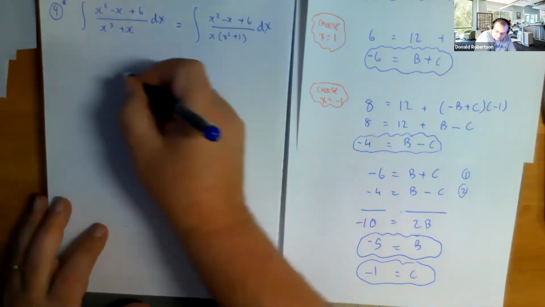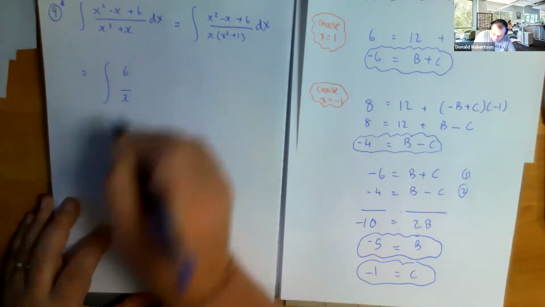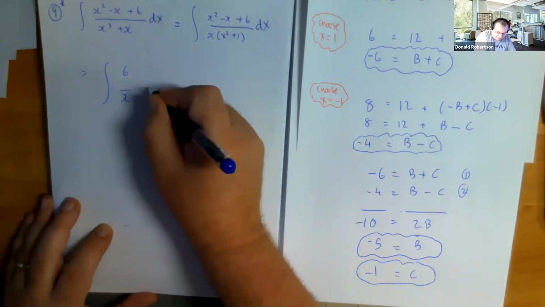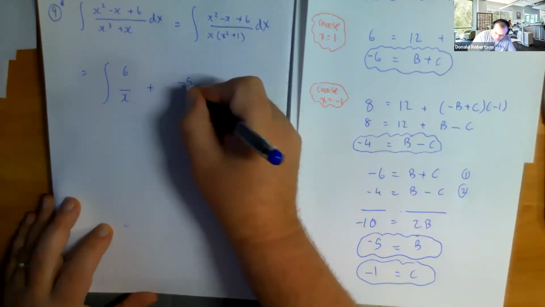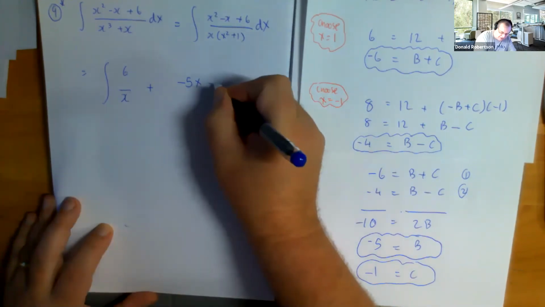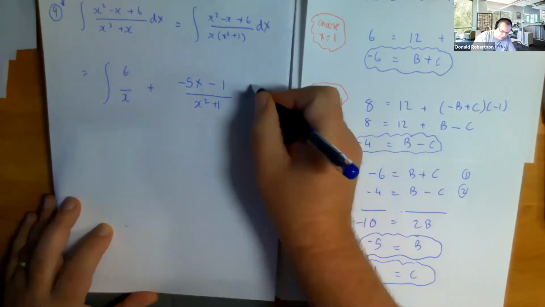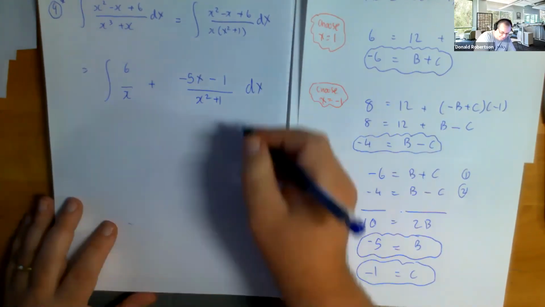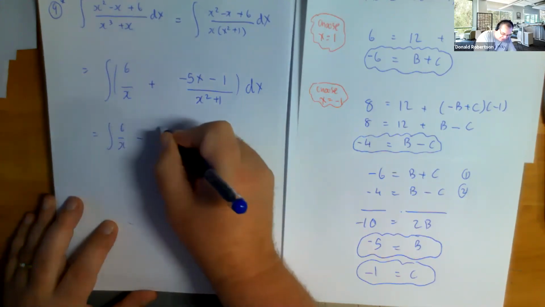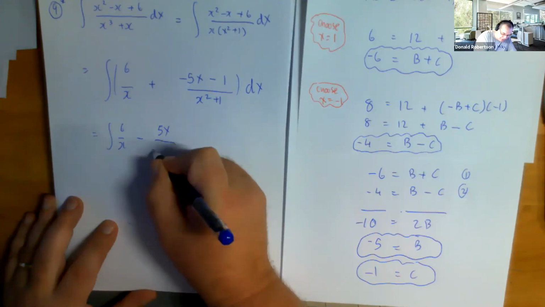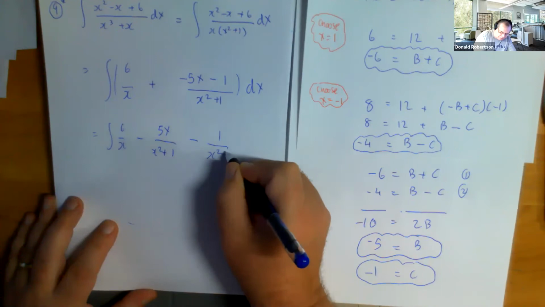It would have been a horrendously ugly system of equations, but it still would come out with the same answer. So this is now A, plus -5x, that's B, minus C over x squared plus 1. That's going to become 6 over x, then this over x squared plus 1, and then this over x squared plus 1.